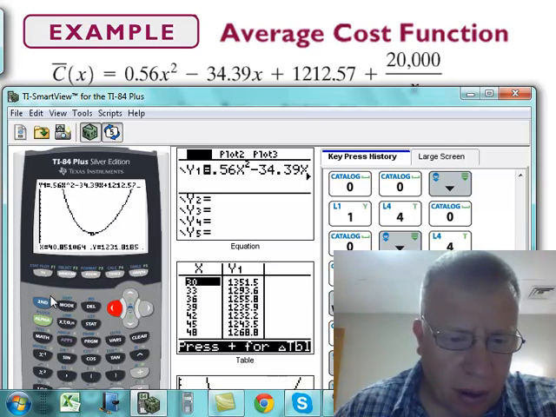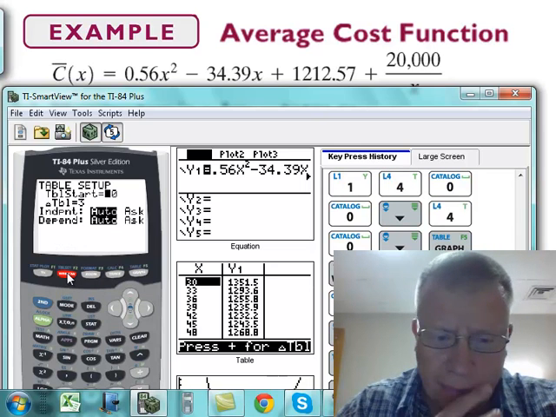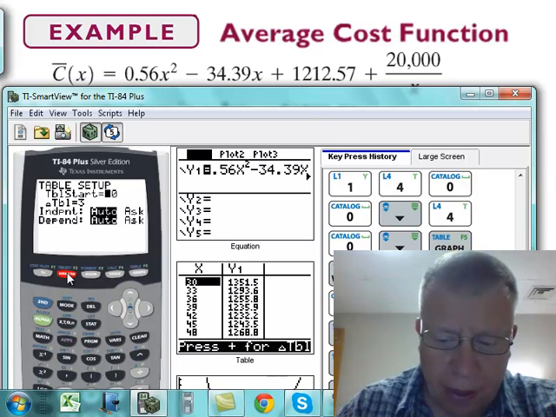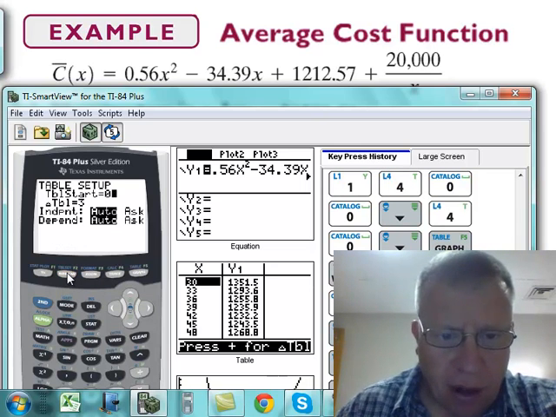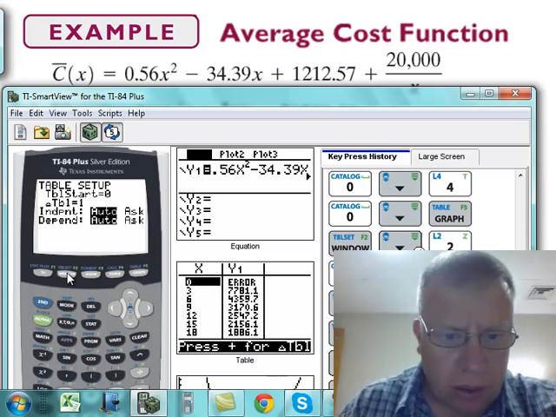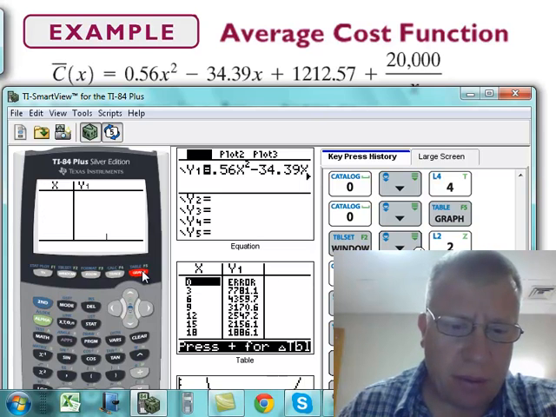Do you remember our table? Let's go to our table and let's set it up. We can start off at 0 and go by ones, delta table being 1 as well. And then we can go over to the table menu after we get out of the table setup menu.